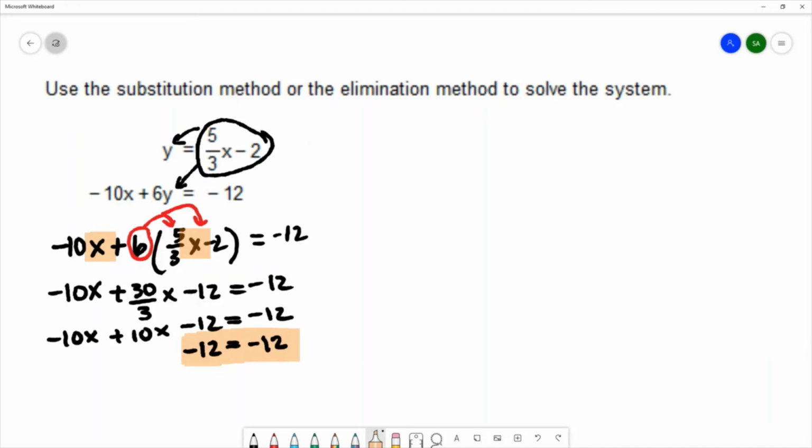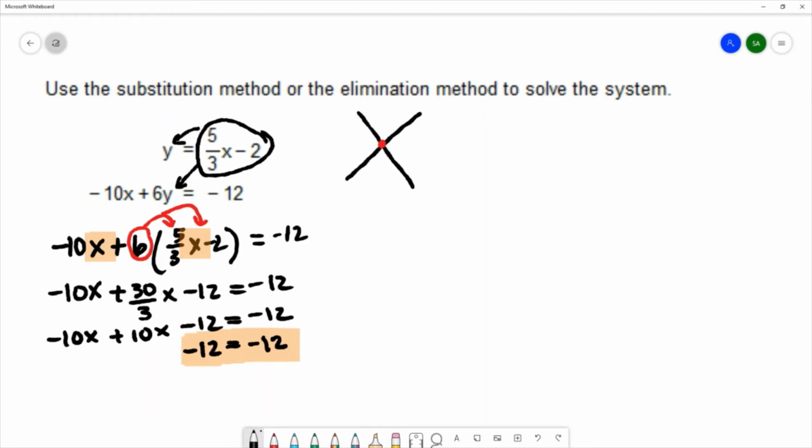So that means that this system is one of our special cases. What I mean by that, if we think about this graphically, a solution to this system is an intersection point. So most linear equations will intersect in a single point.